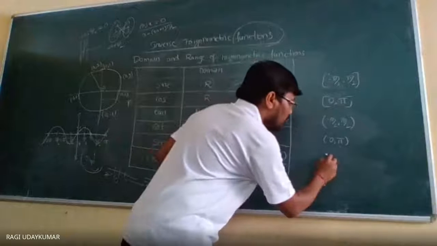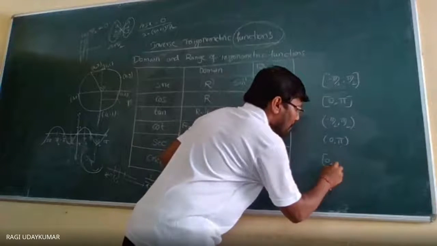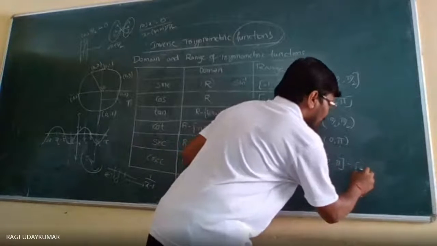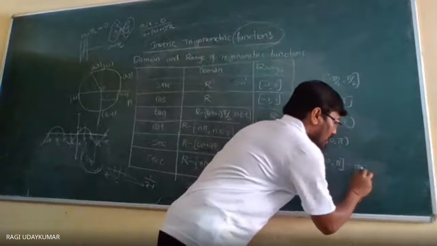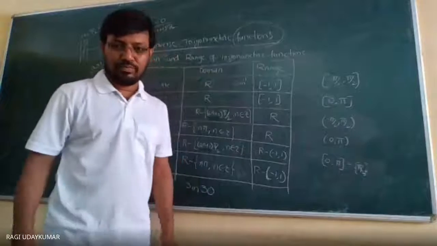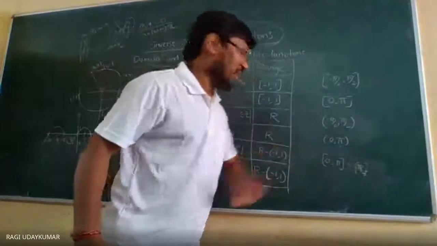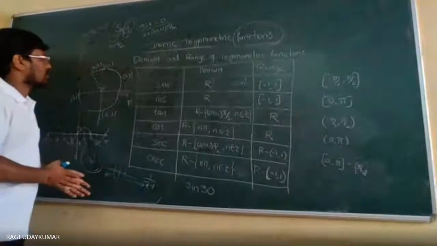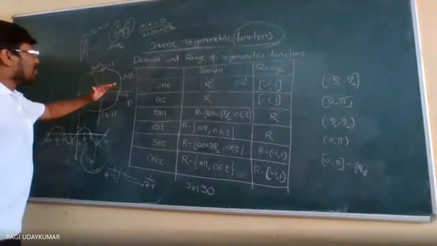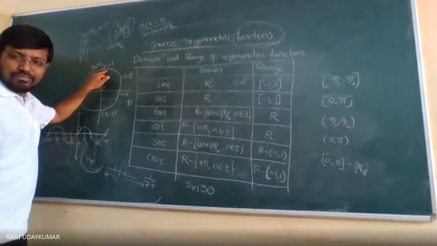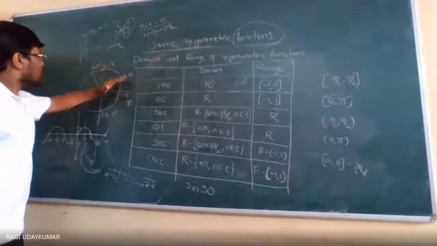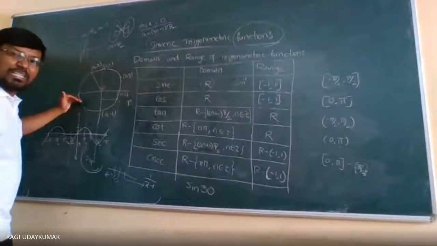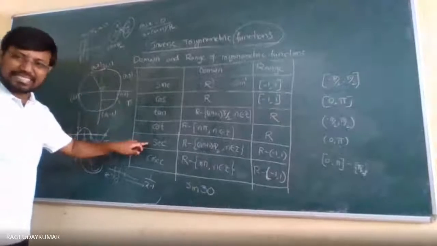So 0 to pi should be taken, but except pi by 2. Why? Because at pi by 2, the cos value is 0. So 0 to pi except pi by 2 will be the principal value branch of the secant.